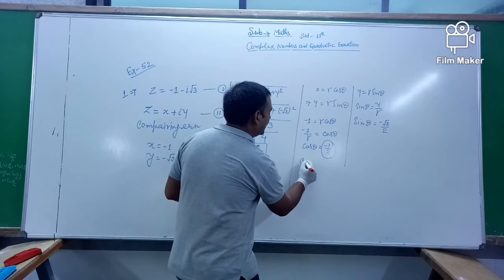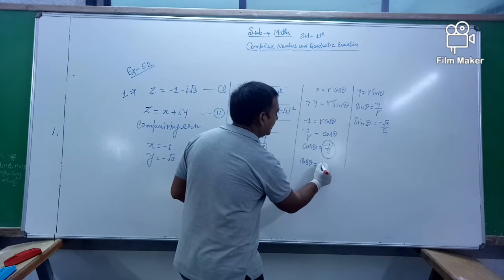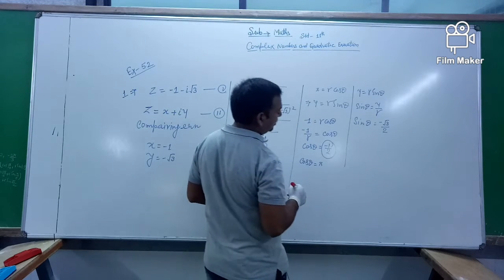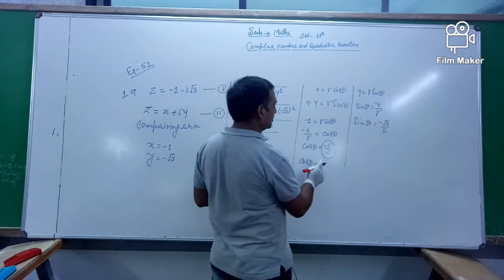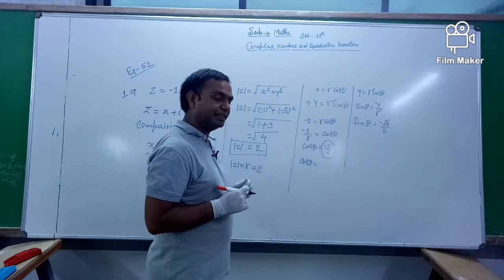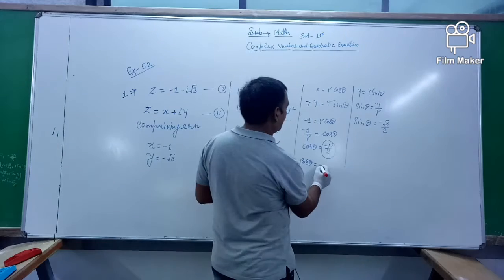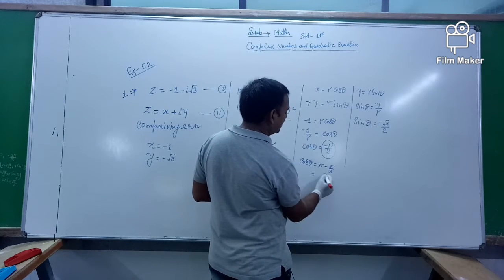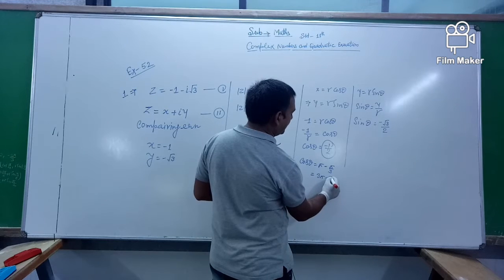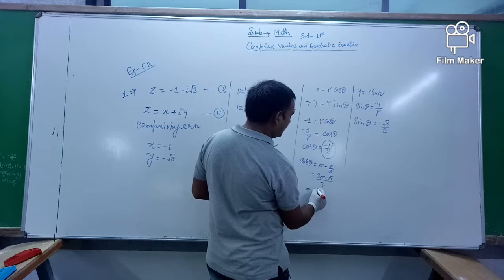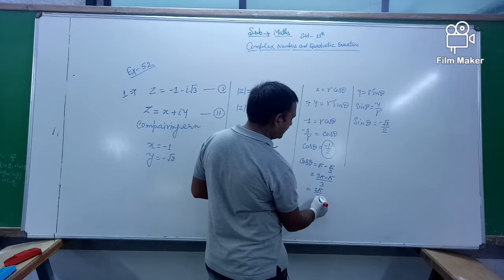So you can write cos theta in the form of pi minus, so that is equal to pi minus pi by 3. So this is equal to 3 pi minus pi by 3, that is equal to 2 pi by 3.